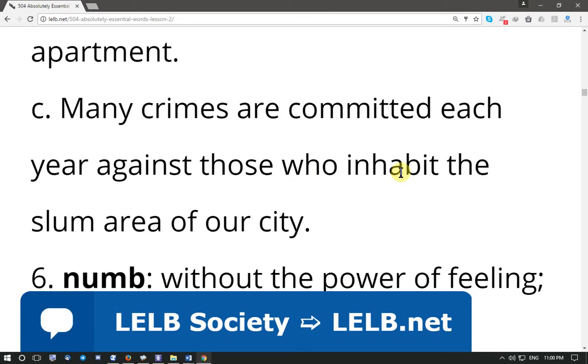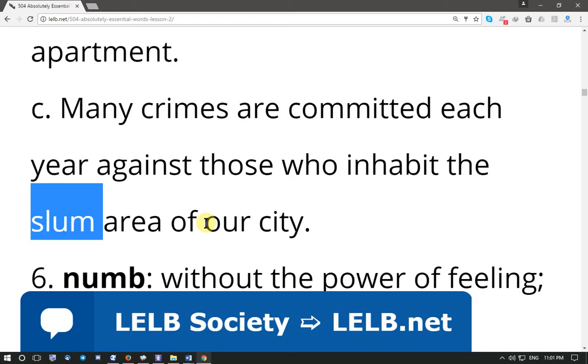The poor people who experience that crime actually live in a slum area. Slum area refers to some particular places inside a large city that are in poor conditions, and usually the poor just live there. So they have to tolerate a lot of crimes committed by many criminals.